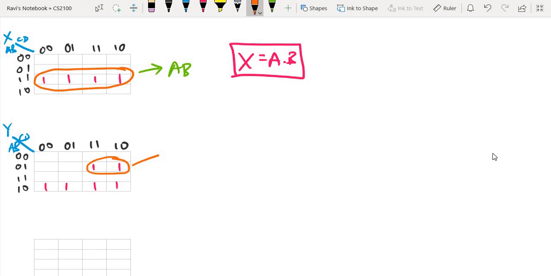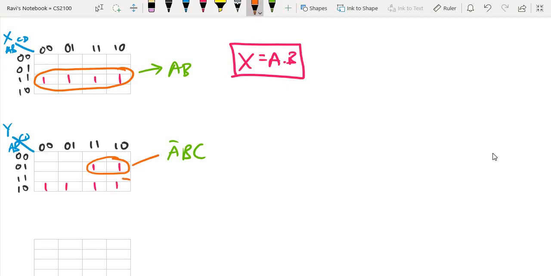Within this group, which is in the same row, A and B do not change, so it will be A bar B, because 0, 1. Within this group here, C is constant and D is changing, so C remains. That is how you get A bar B C here.